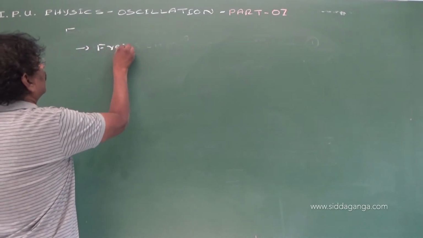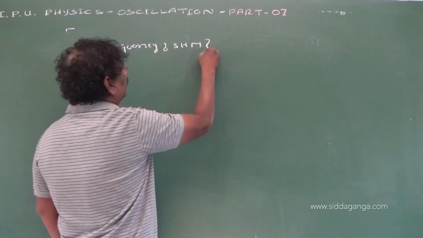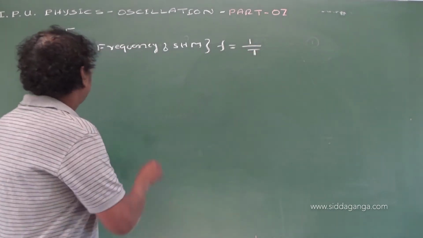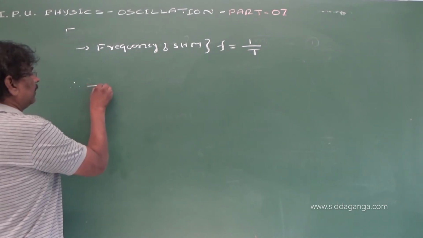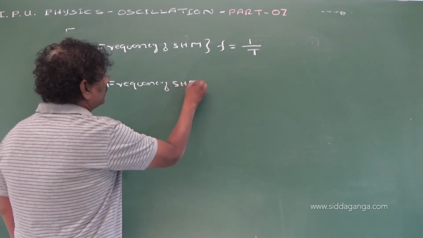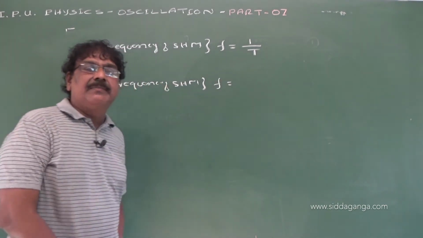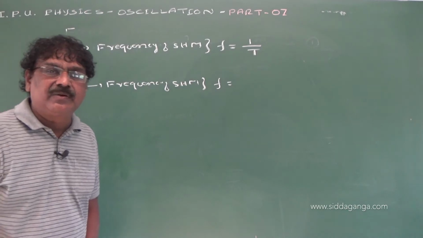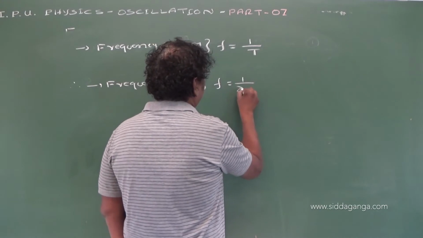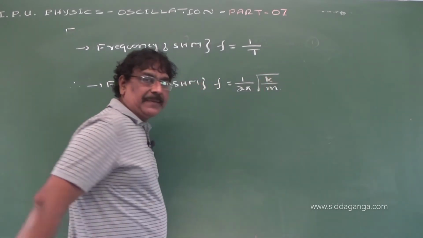Frequency f is equal to 1 by T. Therefore, taking the reciprocal of the time period, T is equal to 2π times the square root of m by k, we have f equal to 1 by 2π times the square root of k by m.